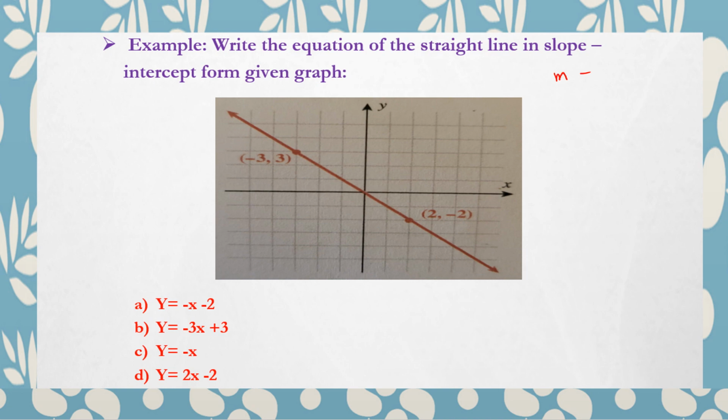So m equals -2 minus 3 over 2 plus 3. So -5 over 5 equals -1. So y equals -x, and the correct answer is C.